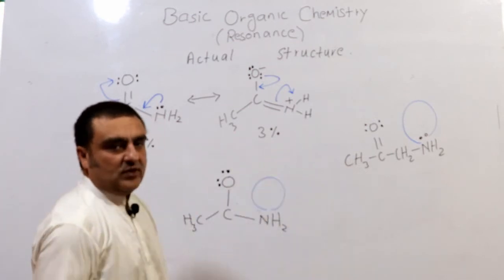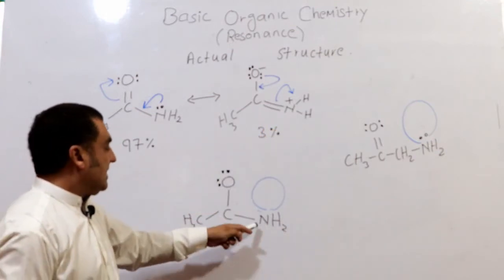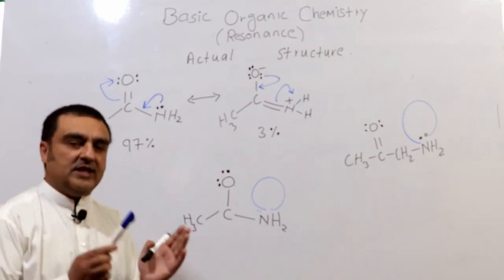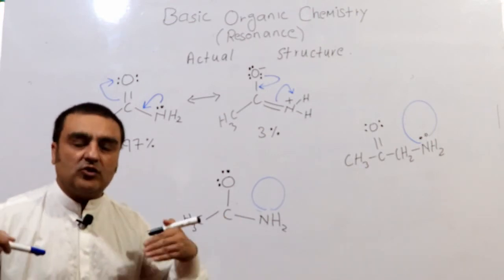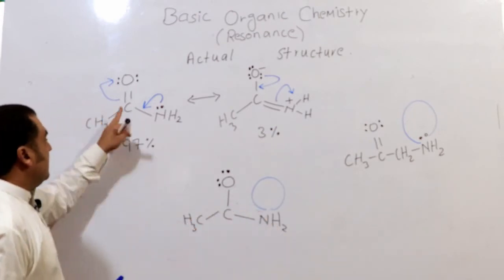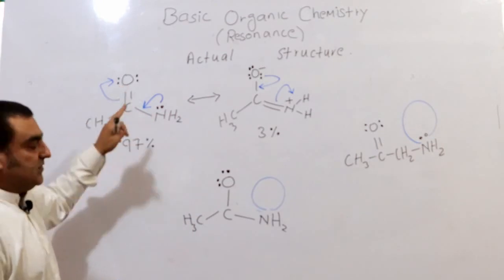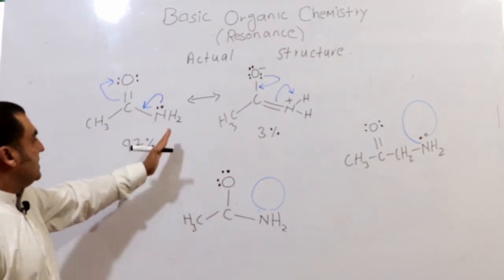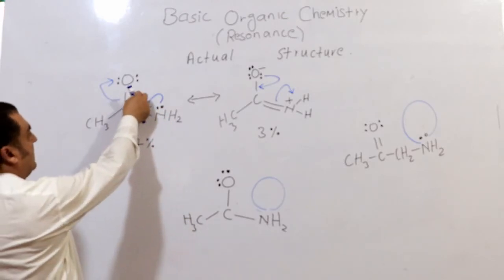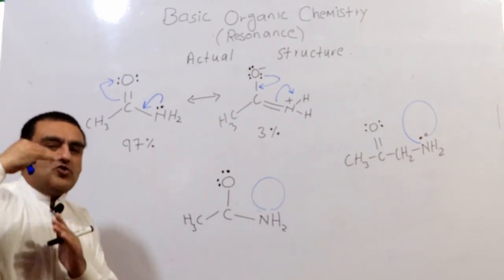Suppose it has 100% of its electrons present on nitrogen, but this structure doesn't have all electrons present on nitrogen, though the majority is still present there. Here the oxygen has no negative charge, but in this structure some of the electron cloud moves to this pi bond, the pi bond shifts, and a little bit of electron cloud sits on the oxygen.